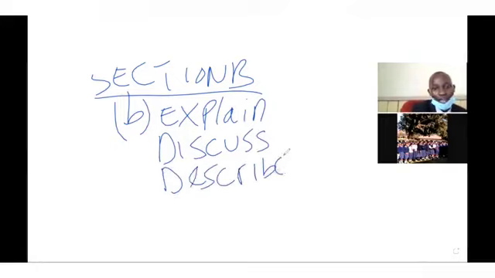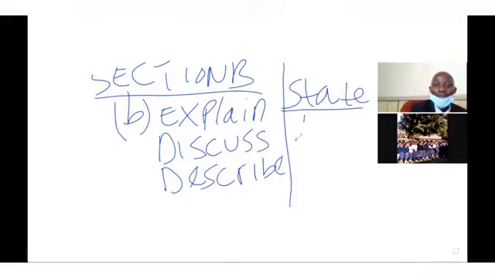I know there are students who first state the answer, and then they give explanation. There is no mistake in doing that. You can state the answer and give explanation. Again, you can explain directly without stating the answer.